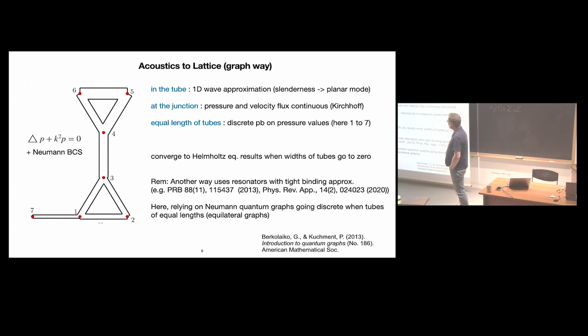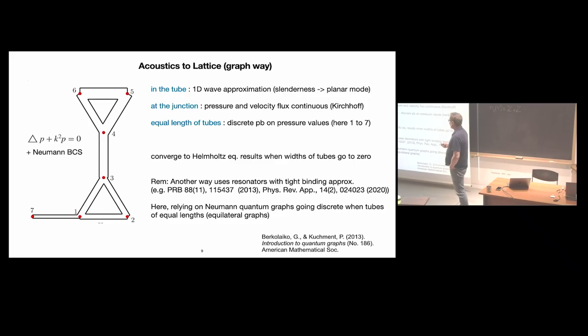We are doing differently. We take here a network of acoustic waveguide tubes, and we will take care of the pressure at each node, each junction. In each tube, we will make a 1D wave approximation, meaning that we are at low enough frequency such that there is only one mode propagating in the waveguide.